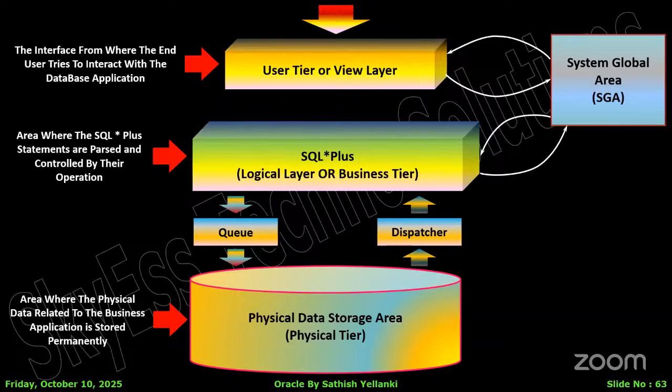Now, after this copy has been loaded, let us say you request the data once again, and your request needs the data that you already requested previously. Will your request go to the physical tier with a queue? No. It will return the data from the System Global Area. Oracle tries to ensure that it doesn't put load on the servers physically with every request.